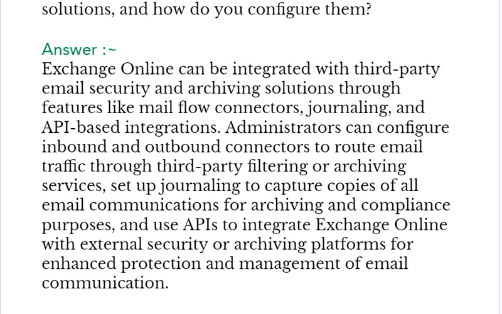Administrators can configure inbound and outbound connectors to route email traffic through third-party filtering or archiving services, set up journaling to capture copies of all email communications for archiving and compliance purposes, and use APIs to integrate Exchange Online with external security or archiving platforms for enhanced protection and management of email communication.